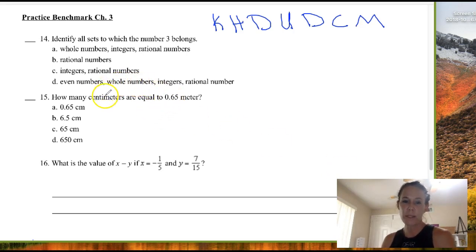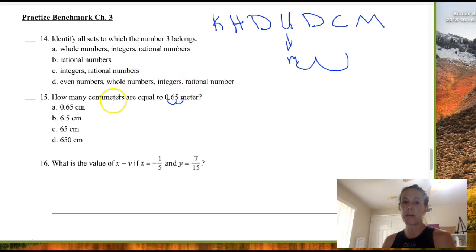So we're in meters and we want to know centimeters. So meters would be the unit. If we'd like to go from meters to centimeters, here's my centimeters, I'm going to move over 2 decimal places. So I'm going to take my decimal and move it over 2 decimal places.